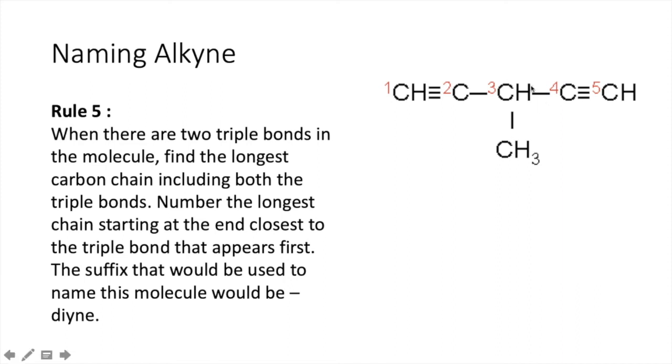Okay, this is the structure of an alkyne. As you can see, it has 2 triple bonds. Because the triple bonds are located at both ends of this chain, you can start the numbering from the left or from the right, it is the same.